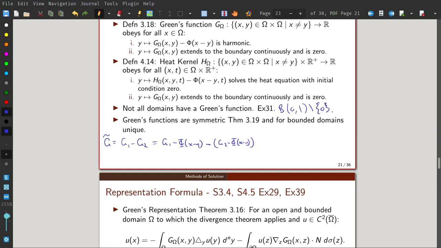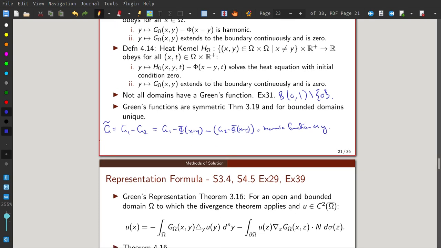So we can add and subtract the fundamental solution like this, and then this shows you that G tilde is a harmonic function in y, because we know that G1 minus fundamental solution and G2 minus fundamental solution are both harmonic functions in y, and so their difference is as well. And we know that G tilde vanishes for y in the boundary of the domain.